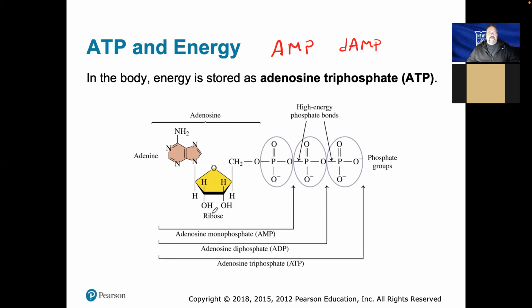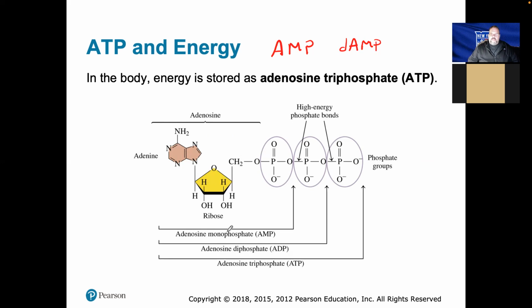It's drawn a little differently here than in the previous chapter, where we had the bond to the nitrogenous base on the right and the bond to the phosphate group on the left, but really it's exactly the same thing. Adenine, and if we're looking at adenosine triphosphate, the sugar has to be ribose and not deoxyribose. So adenine, ribose, phosphate.